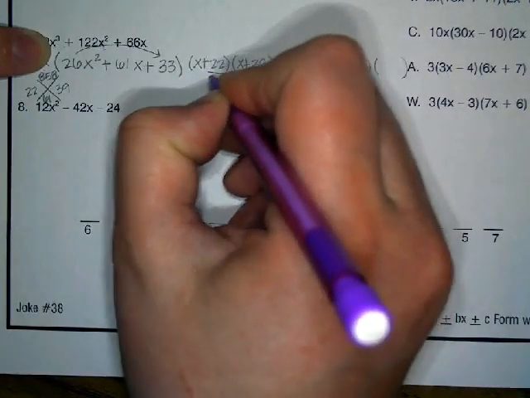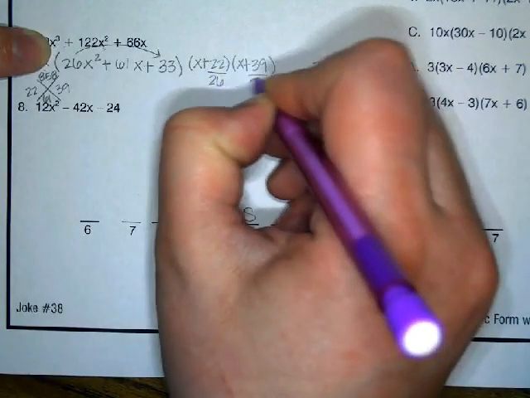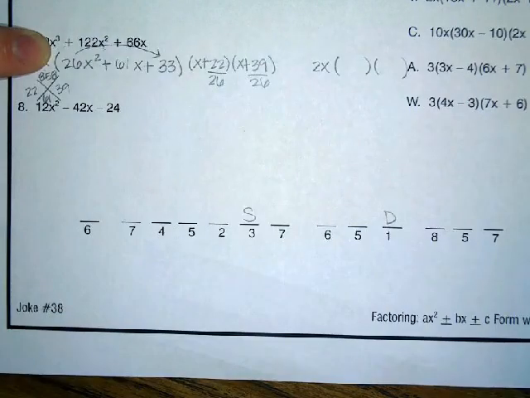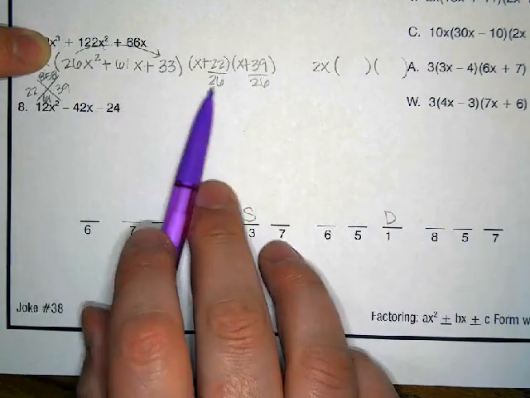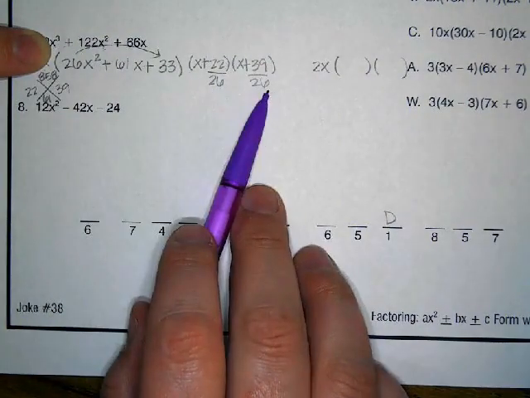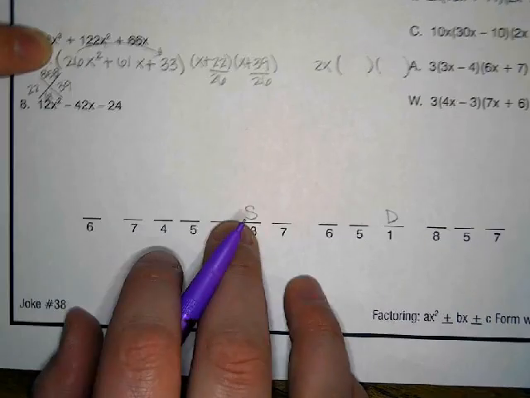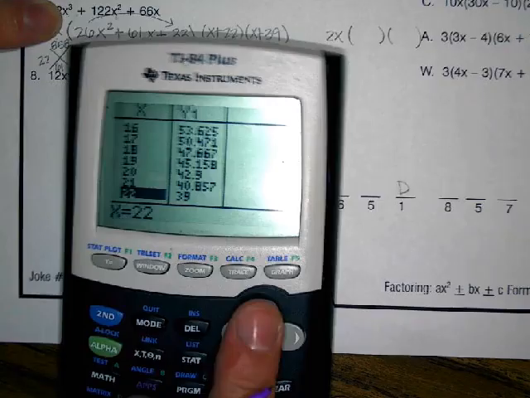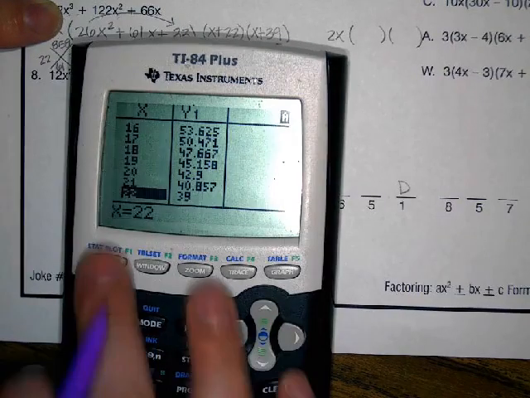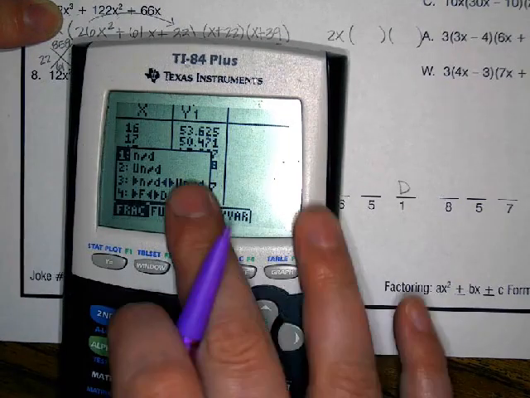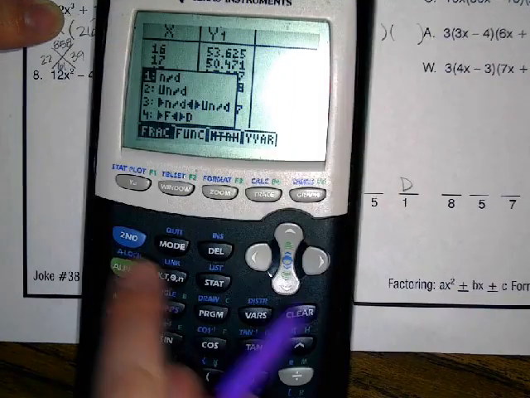And I don't know about you guys, but reducing these fractions is going to be a lot for me to think about. So how could I use my calculator to reduce the fractions for me? I'm going to do green button, alpha y equals. Now let me get out of this screen first. So to get out of this screen first, I'm going to hit second mode. Second mode gets me out of that and back to the normal screen.